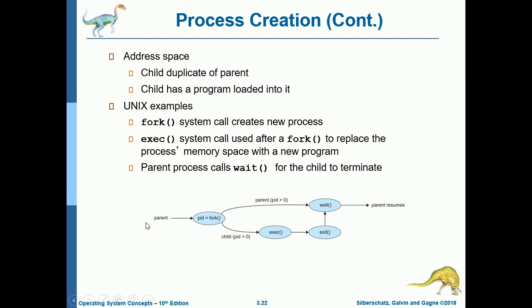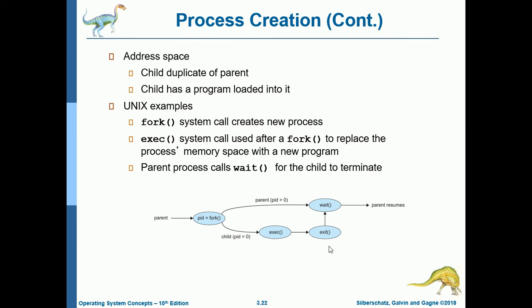So this is the process. The parent calls fork, which creates a new process, a child process. The child PID is equal to 0, and then the child executes. While the child executes, the parent is going to wait, just like the illustration with the word processor.